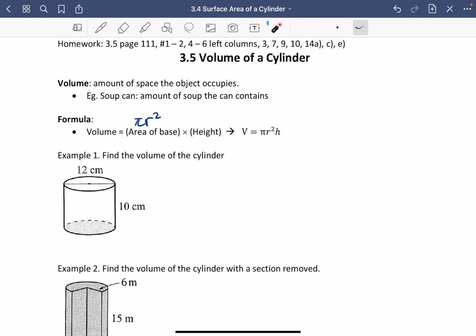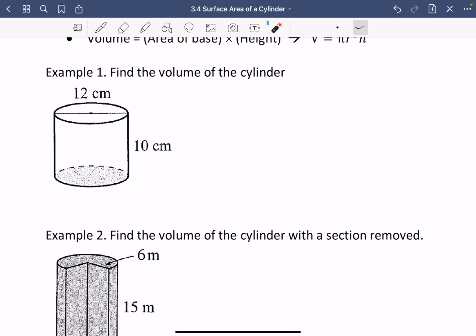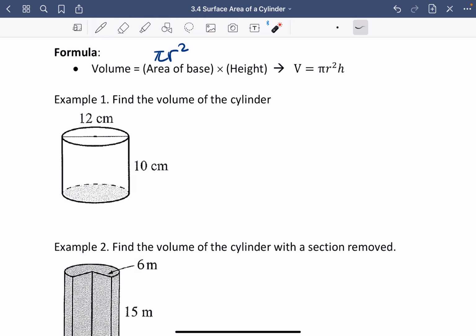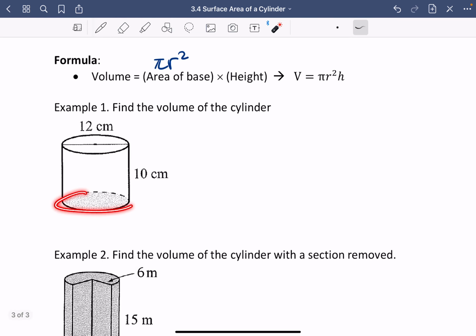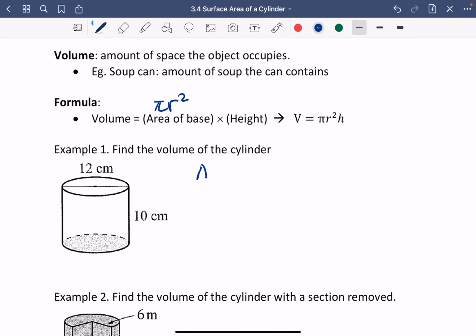Okay. So example number 1. Find the volume of the cylinder below. So first of all, we need to know what the base is. The base is the circle. And to find the area of the base, you need to know what the radius is.